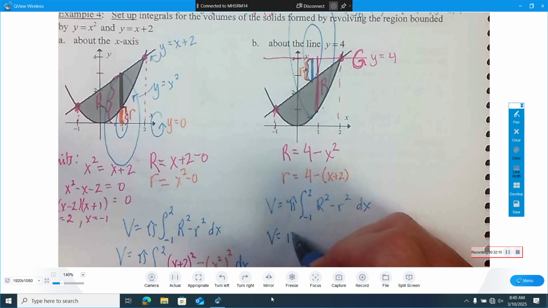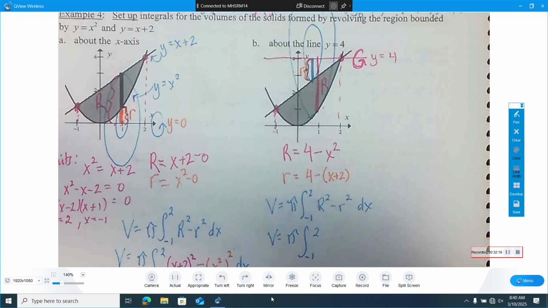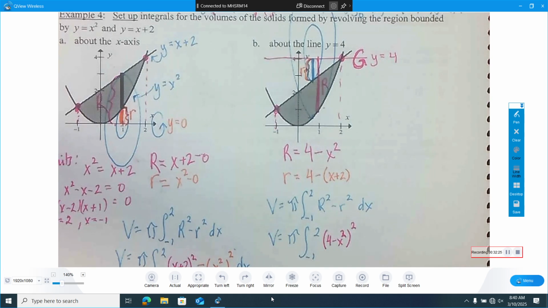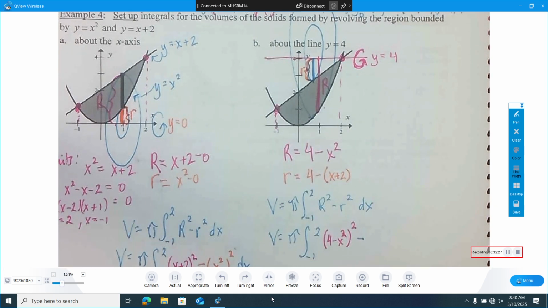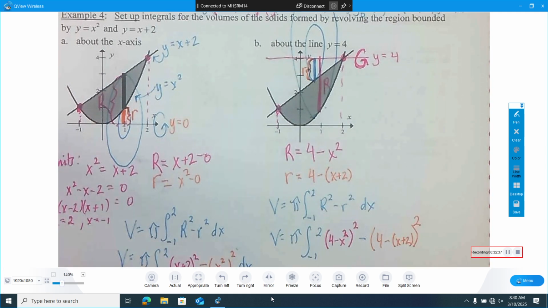And so, -1 to 2, big R squared is 4 minus x squared, and then it is squared, minus little r. So little r is 4 minus the quantity x plus 2. Again, that would clean up, and then we have to square that. Lots you could do there to clean that up.